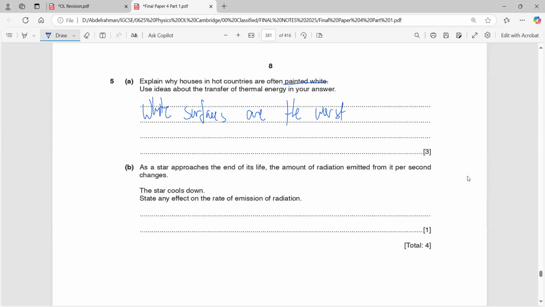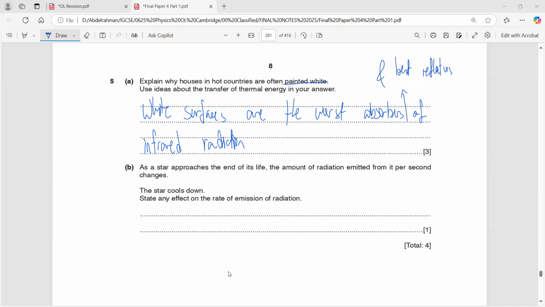Can I say emitter? لا. You can't say emitter. Why? Because the house needs to be colder than the environment. So white surfaces are the worst absorbers of infrared radiation. You can say worst absorbers and best reflectors, صح؟ You can say both. Okay?